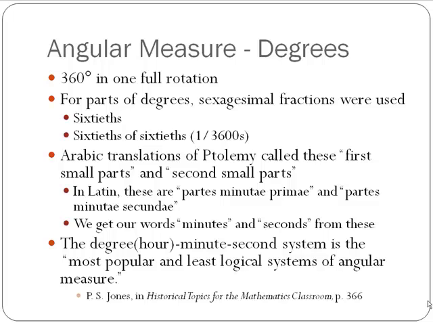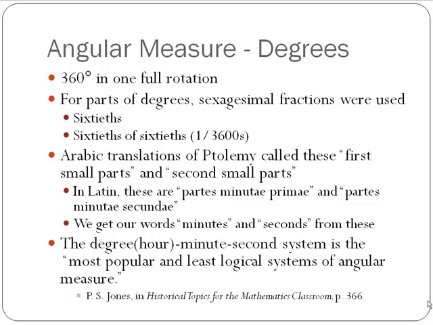The 60ths were the first small parts, and the 3600ths were the second small parts. When this was translated to Latin, first small parts became partes minutae primae, and second small parts became partes minutae secundae. And we get our words minutes from minutae, small, and seconds from secondary from these terms.